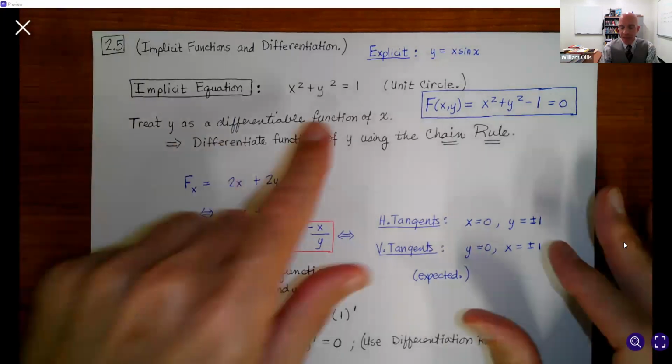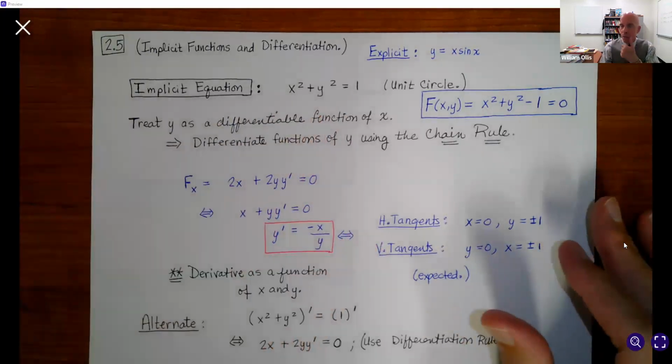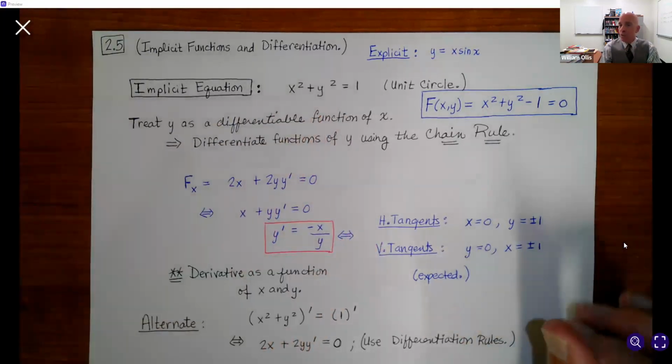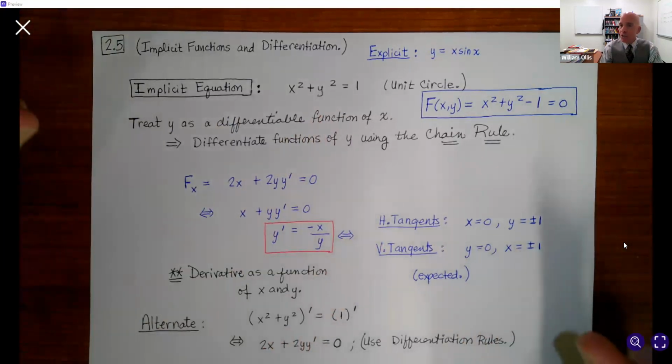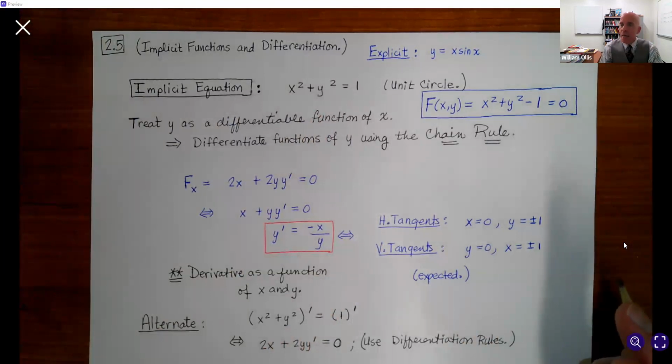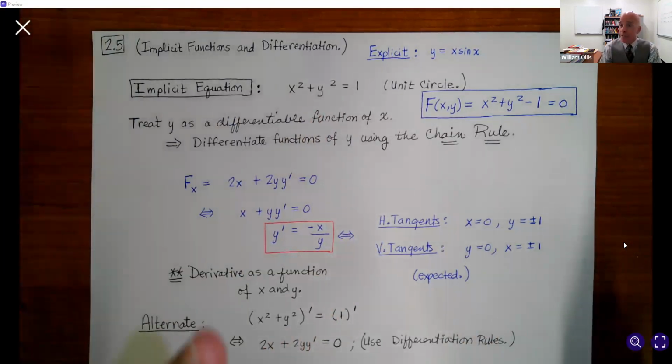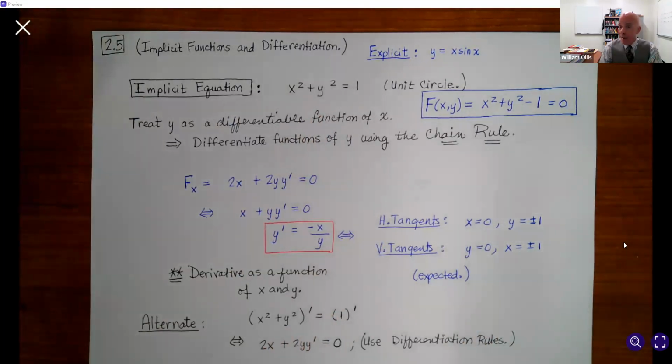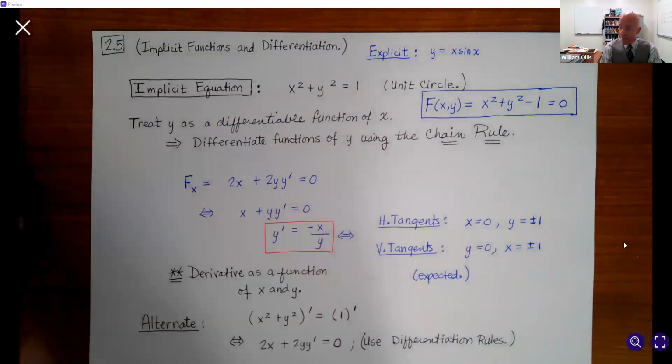For instance, we may have several occurrences of y in an equation of different powers where the explicit solution is impossible. But with this implicit technique, we can always compute the derivative, at least where it would be defined, in terms of all of the variables, in this case, x and y.